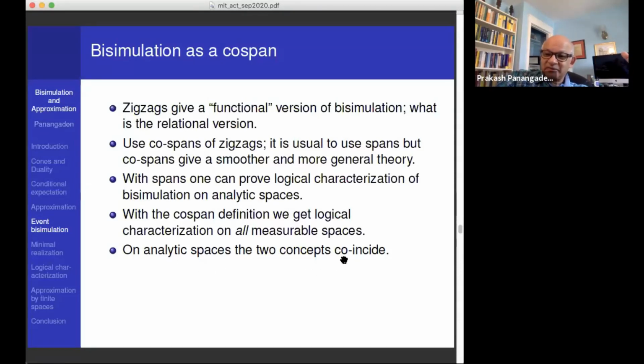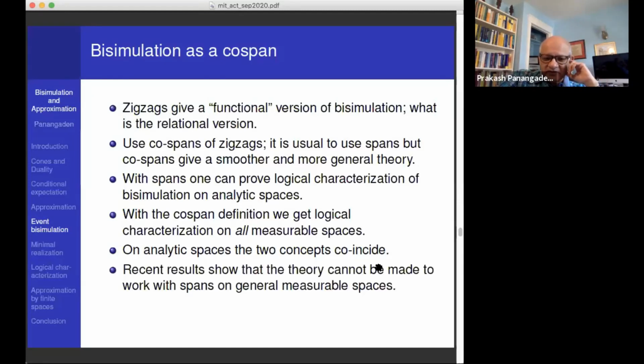So it doesn't really matter which one you use. But with the cospan concept, you can work with all measurable spaces. One can argue that anybody in their right mind would want to use an analytic space, but still it kind of identifies what's the real mathematical concept that the cospan captures. In fact, recent results, not by me, but by other people, show that the theory cannot be made to work with spans for general measurable spaces.